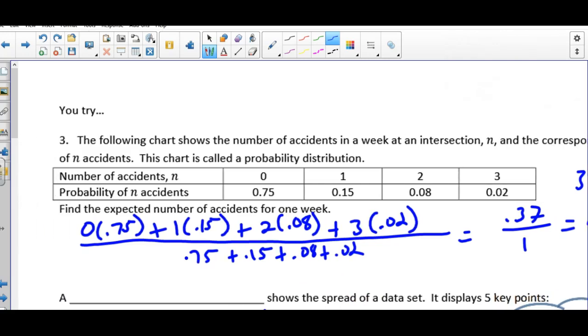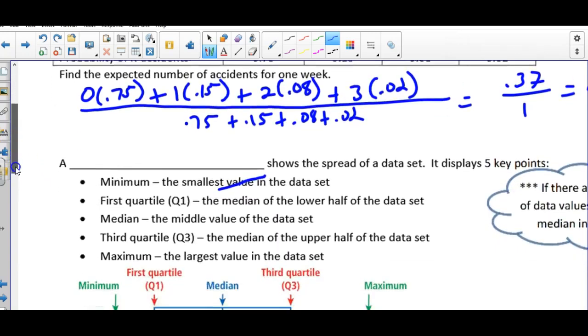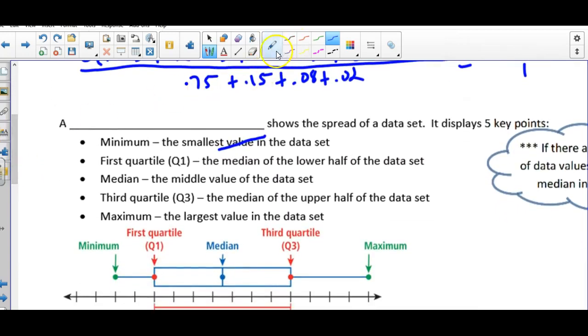Now, keeping it going, right here we have what's called a box and whisker plot, and it shows a spread of a data set. There's 5 key points: your minimum, your first quartile, your median, your third quartile, and your maximum.